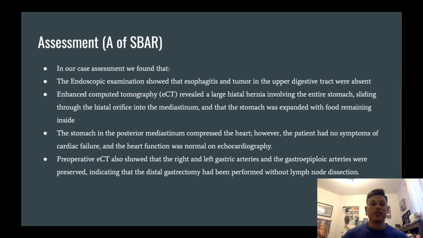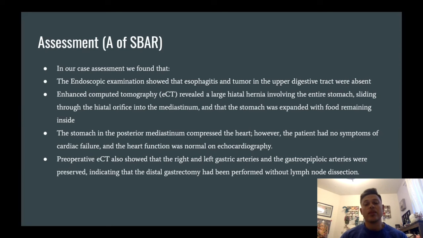Next up, we have assessments. In our case assessment, we found that the endoscopic examination showed that the esophagitis and tumor in the upper digestive tract were absent.